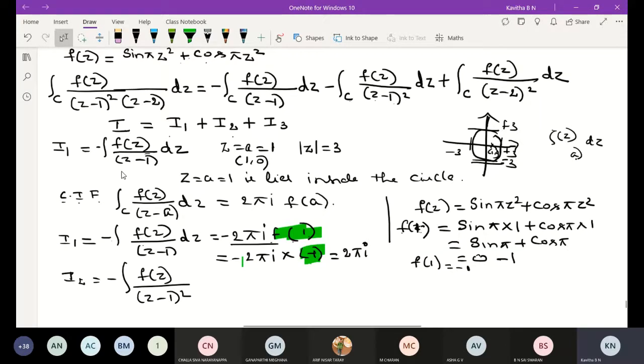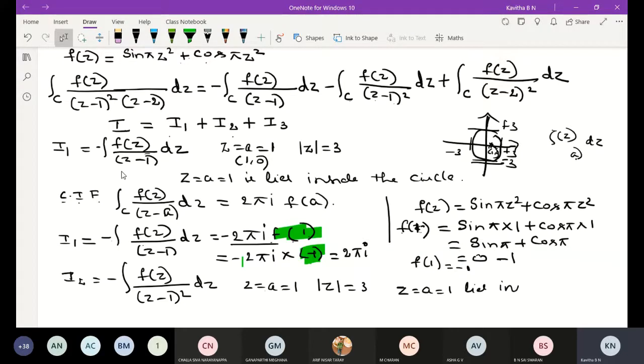Integral of f of z divided by z minus 1 whole square dz. Here z is equal to a is equal to 1. The point 1 is inside the circle, since mod of z is equal to 3.